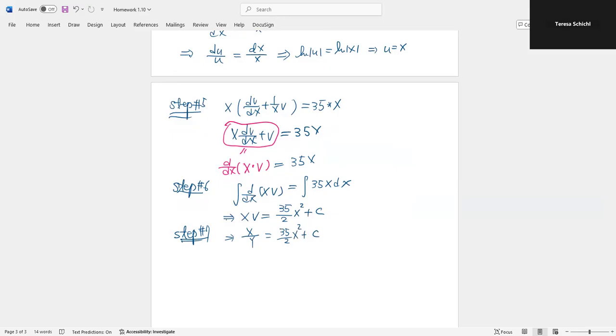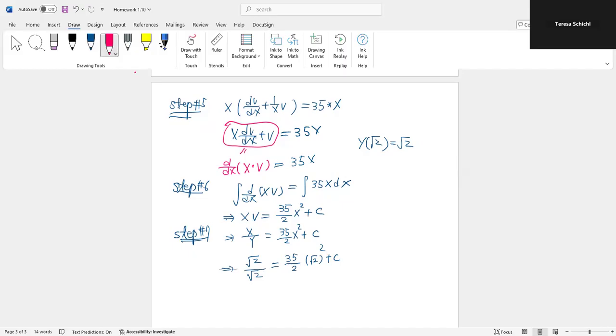All right, so now I need to solve for c. My initial condition is x equals square root of 2, y equals 1 over the square root of 2. I plug it in: x equals square root of 2, y equals 1 over the square root of 2, equal to 35 over 2 times the square root of 2 squared plus c.